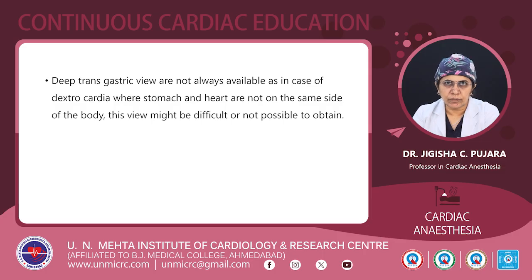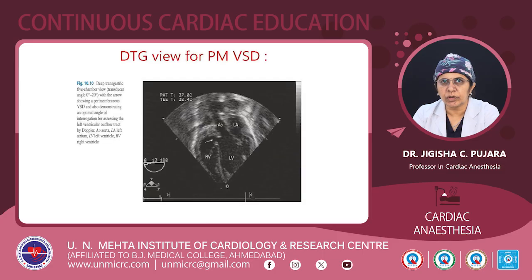This view might be difficult or not possible to obtain, so one should not waste time once you know this type of anomaly along with the VSD. So in dextrocardia, you may not visualize the deep transgastric view. Here is the deep transgastric view for perimembranous VSD; again this image is inverted, and you can nicely see the long axis deep transgastric view.